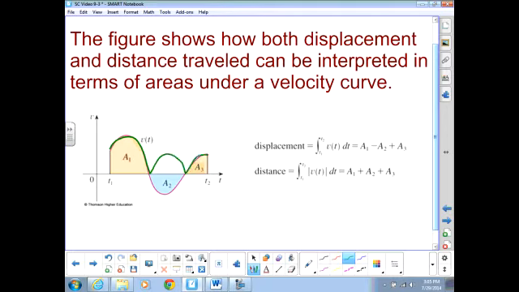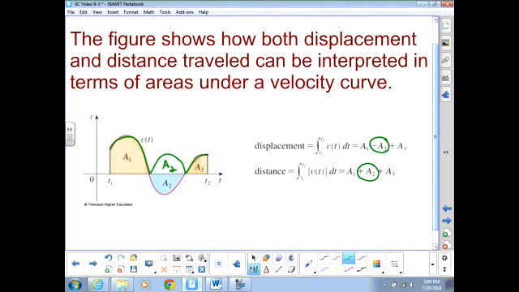So really, A2 would now be up here, and you'd be adding each of those sections. So how we can do this in a problem is we can split up the parts where it's above the x-axis and below the x-axis. The part that's below the x-axis, we can just add on the positive version of it. Like you notice here, we had negative A2.